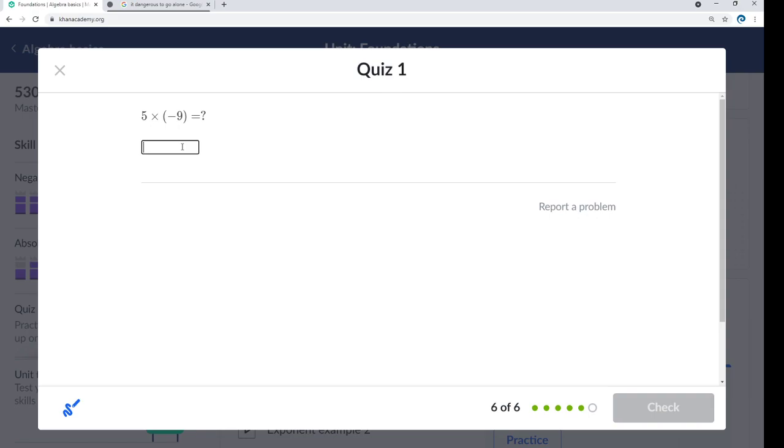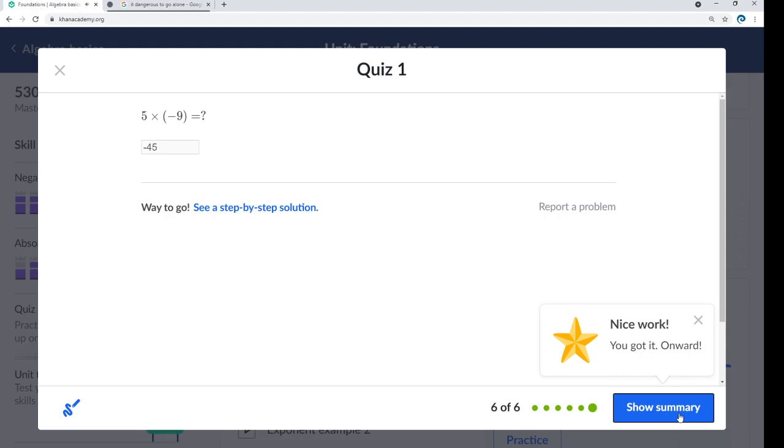Negative 45. Pretty sure it's negative 45. I think. Because positive times a negative is going to be a negative. So it's negative 45. Bam!